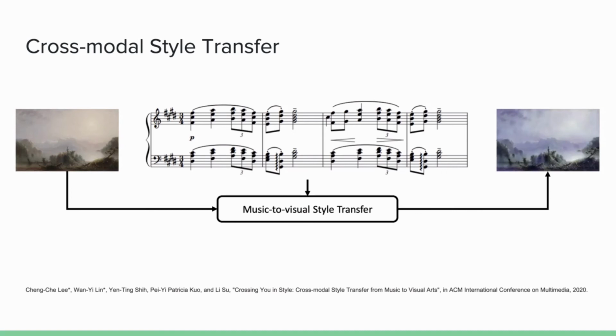There is an option where one music style is transferred to another music style, but sometimes authors would like to transfer style among different domains, so cross-modal. There is style transfer from music to visual, music to image, or image to music.